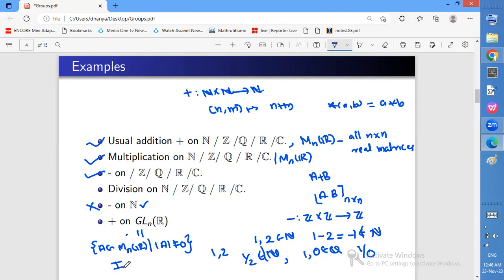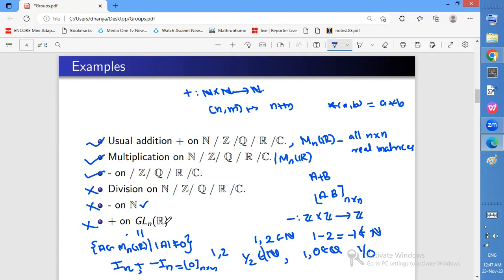Because if you consider the n by n identity matrix, a matrix whose diagonal entries are 1 and all other entries are 0, and I am also considering minus In, what will be the sum? In plus minus In will be the n by n zero matrix, which is not an element of GLnR. So GLnR is not closed under the operation addition.